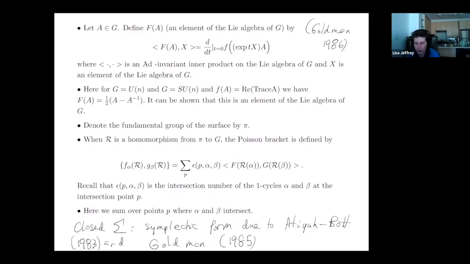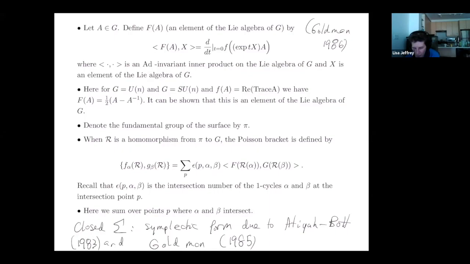So this symplectic form on the character variety is the form whose cohomology class is the first Chern class of the pre-quantum line bundle of those moduli spaces.